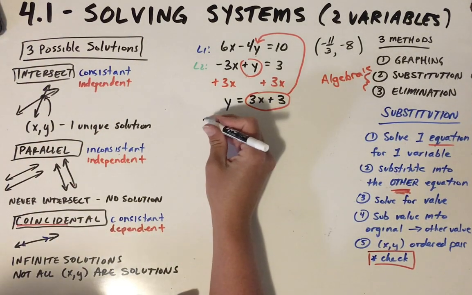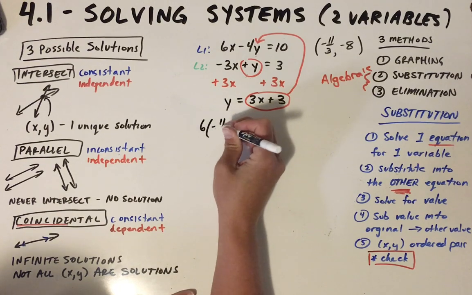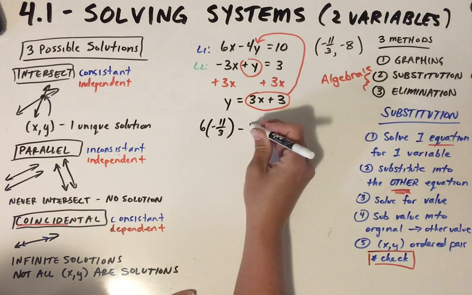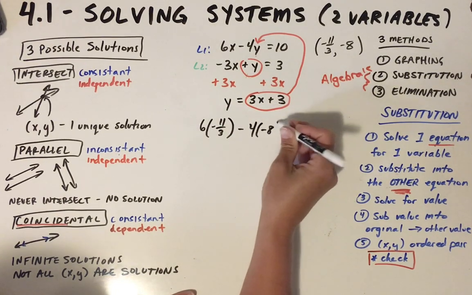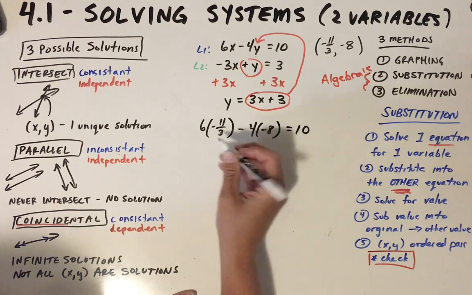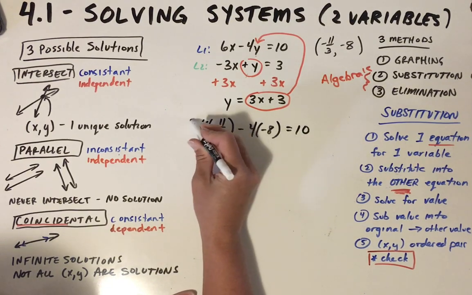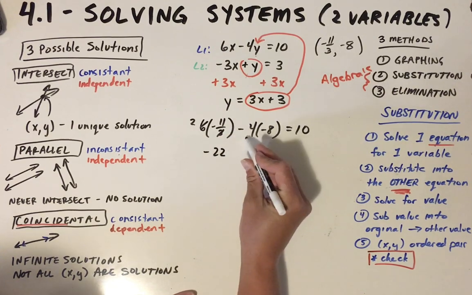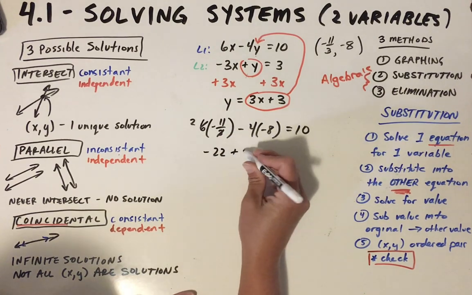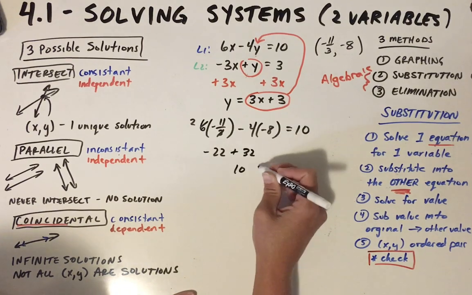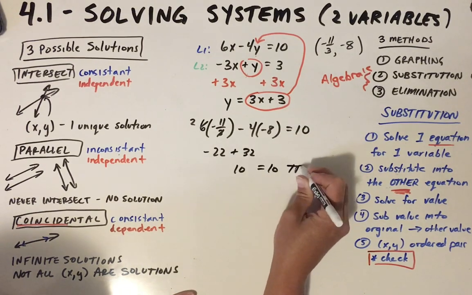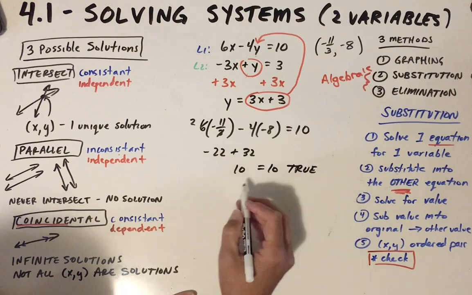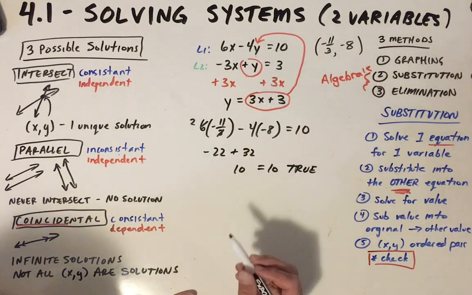If I plug -11/3 in for x and -8 in for y into the first equation, this 3 goes into this 6 twice, so 2 times -11 is -22. -4 times -8 is +32. So 10 does indeed equal 10. This is true, so we know for a fact that this point lies on this first line.